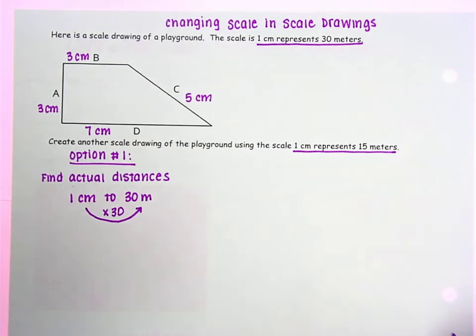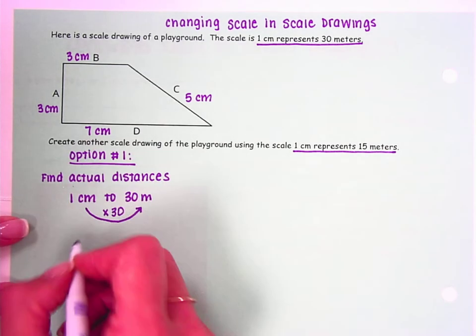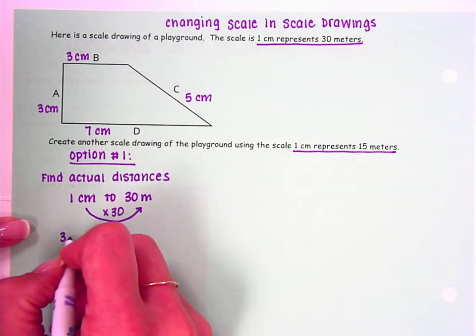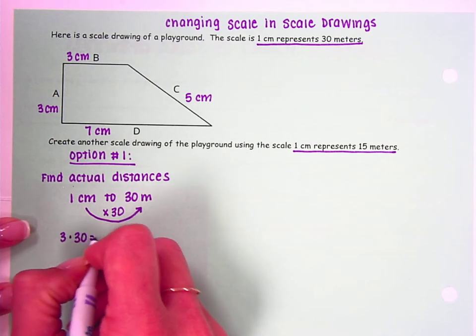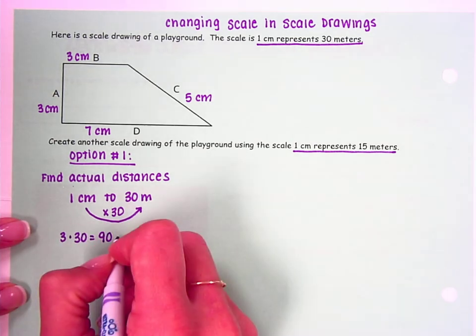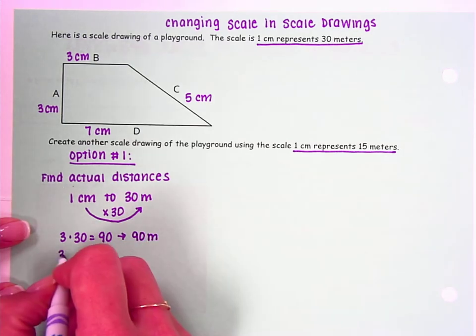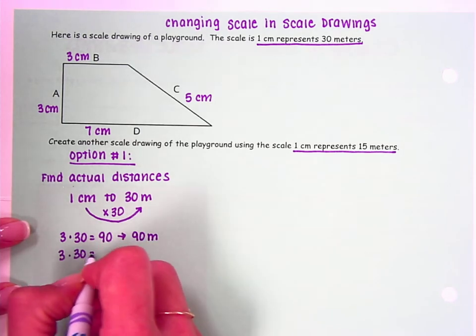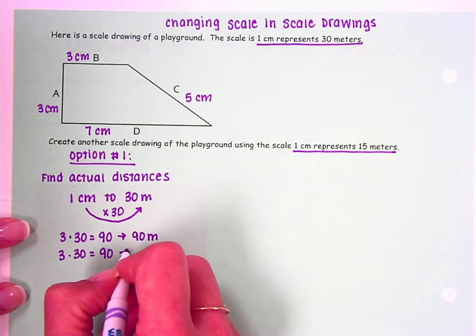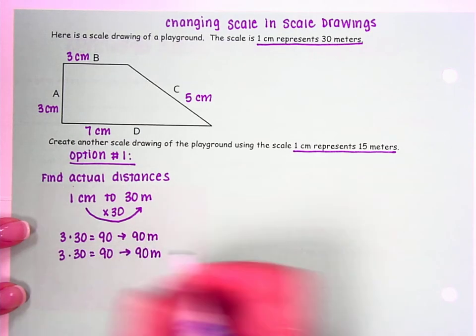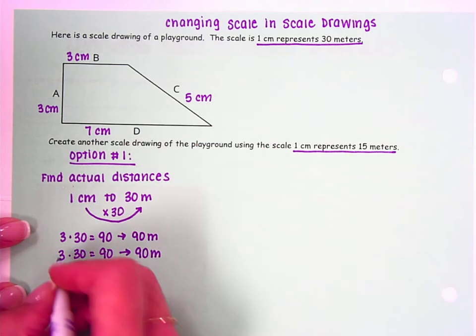So I can take each of my side lengths in centimeters, for example, 3 centimeters, so 3 times 30, which is 90. And this is telling me that this is actually 90 meters in real life. Since I do have that side twice, I'm going to do that same thing again. And I can do the same thing for 7 centimeters and 5 centimeters.